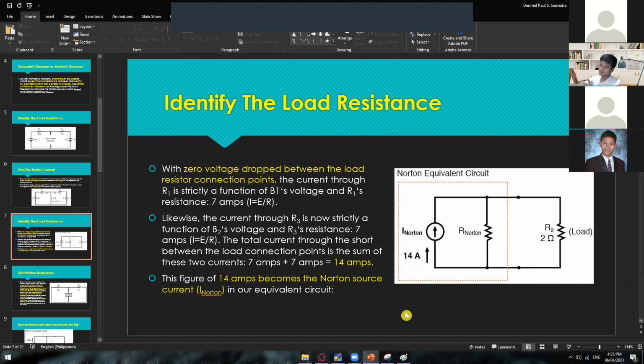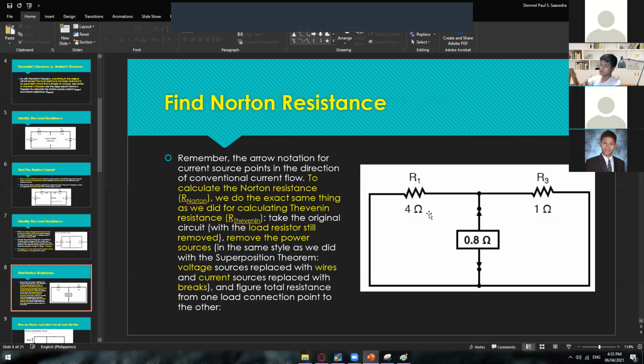Since I mentioned a while ago that the process is super the same, it's just that here we have to find the current instead of the Thevenin's voltage. In looking for the resistance, the load resistance is also the same.